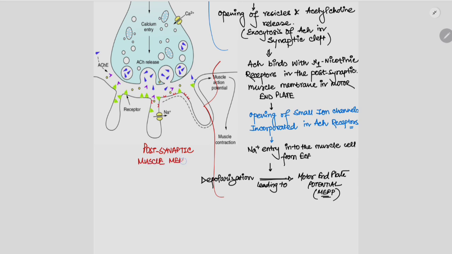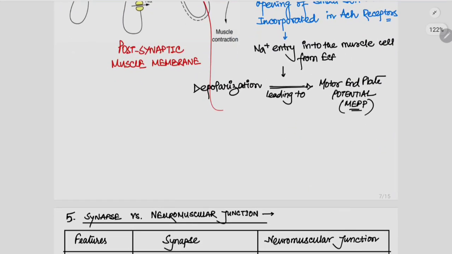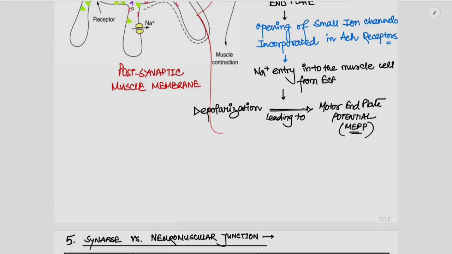Okay, then the motor end plate potential is generated and a current sink is produced.